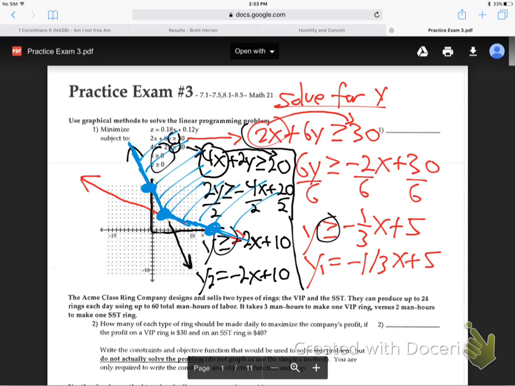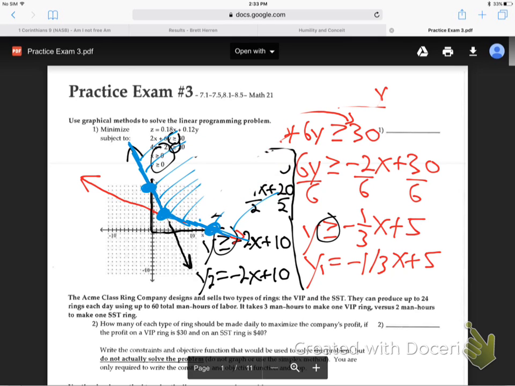We've got to find those three jagged points of the shaded region. The two places it hits the axes, and then the one in the middle. We've got to find the coordinates of those three dots. Now, how do you do that? You can do it on your graphing calculator pretty nicely. Let me erase this and I'll jump in there to show you that.